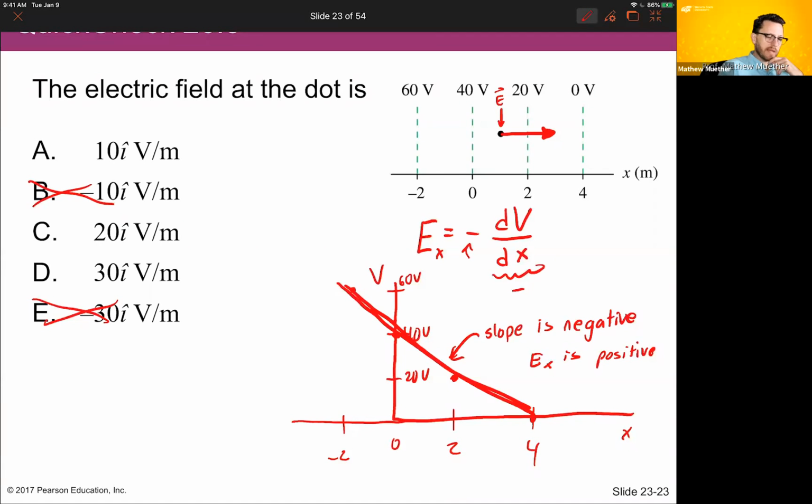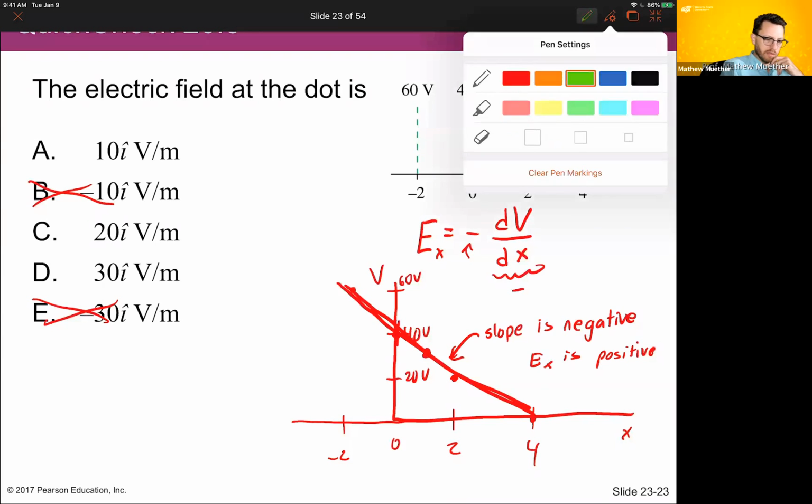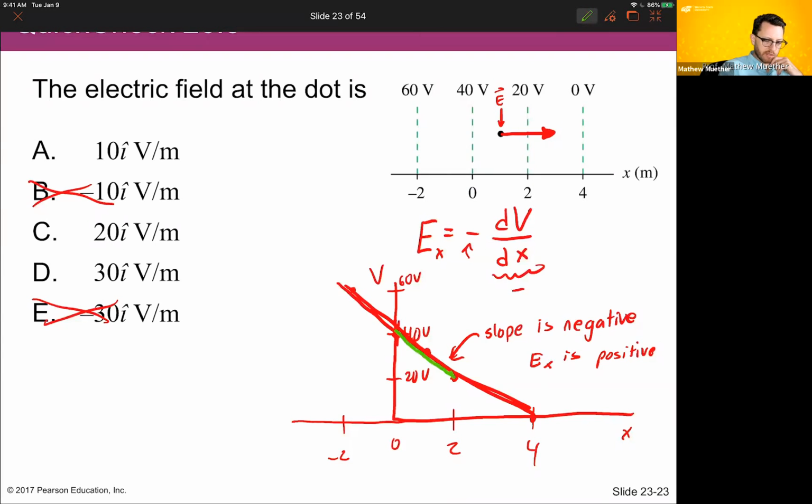What's the magnitude here? Well, it's dV/dx, right? This is a straight line everywhere. So if I want to know the electric field at this point, I just have to calculate the slope. And I can do that, say, right here. Just draw the line tangent to that point. It's just going to follow this line, and I see that I change by 20 volts in 2 meters. Right?